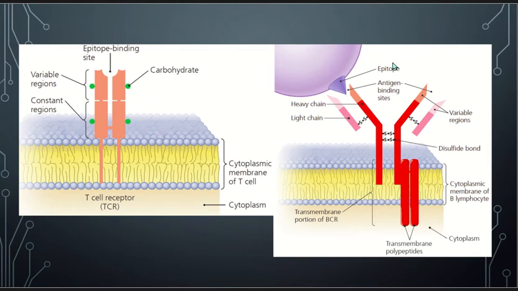You also have variable regions here on your B cell receptor, and the primary difference in these B cell receptors versus free floating antibodies is that the B cell receptors are actually going to have this transmembrane portion, whereas free floating antibodies are not embedded on the surface of a cell.